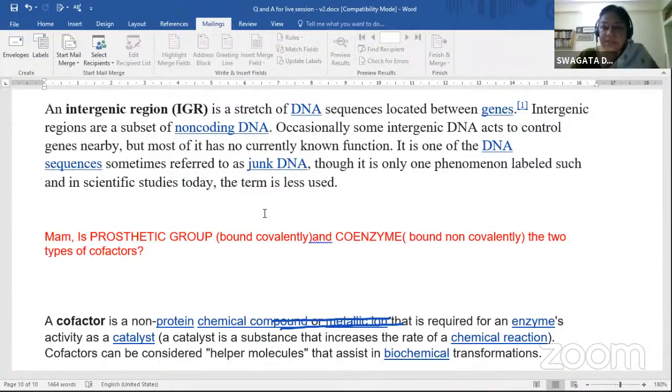Some of them are linked, some of them not linked. Some of them would have to remain with the enzyme for all time. Some of them can be shifting from one to another. Some can be present in solution and arrive only when the enzyme has to bind to a substrate for a particular reaction to occur.